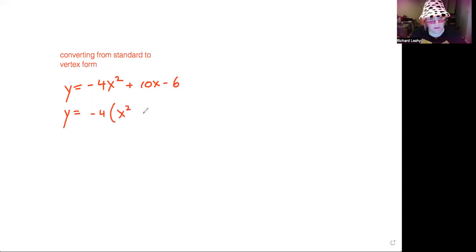This is where it gets weird. -4 times what gives you 10x? You basically can take 10 and divide it by -4 to figure this out.